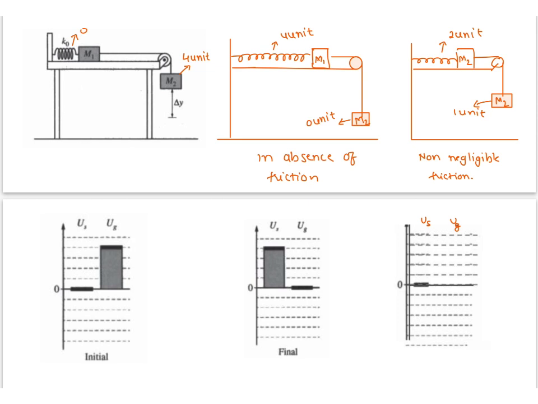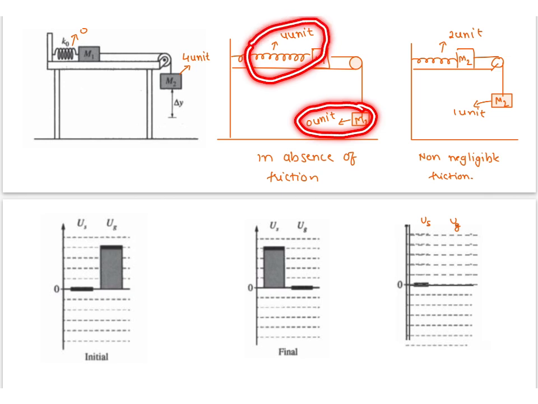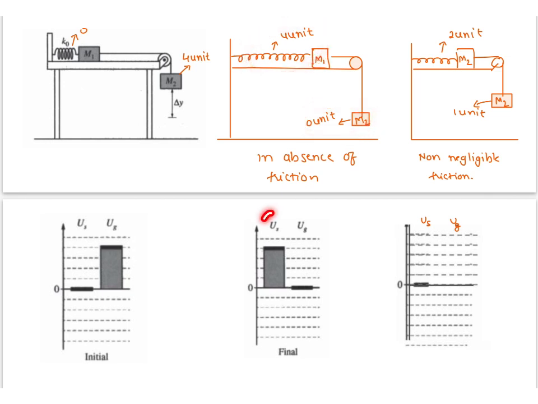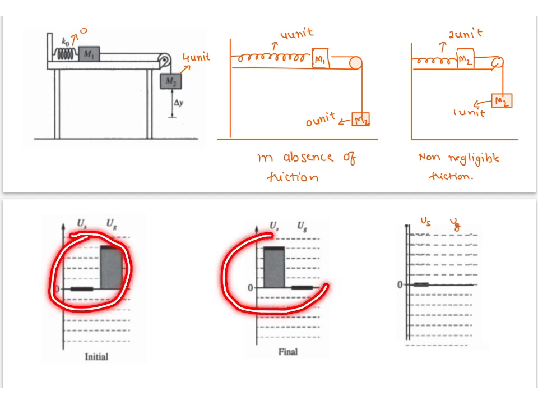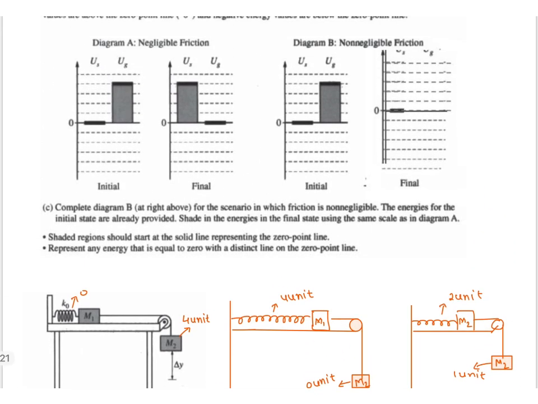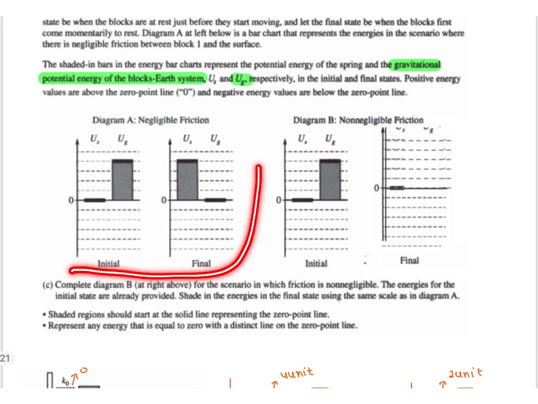But at the same time, the spring has stretched by a certain amount. So whatever is the loss of potential energy here will be the gain of potential energy of spring. So potential energy of spring will rise by 1, 2, 3, 4, total 4 units. So initially it was 4 units. Finally, it was also 4 units. So this is what they have given.